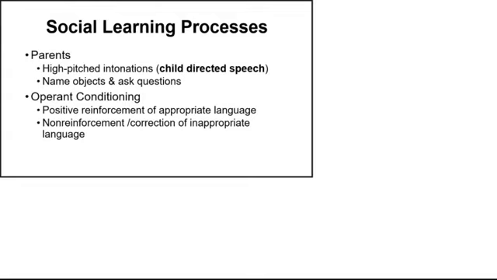And most of what we talk about when interacting with children, especially young children, is going to be naming objects and asking questions about things that they're currently doing or interacting with. So if a child is playing with their stuffed bear, you're going to ask them about their bear.